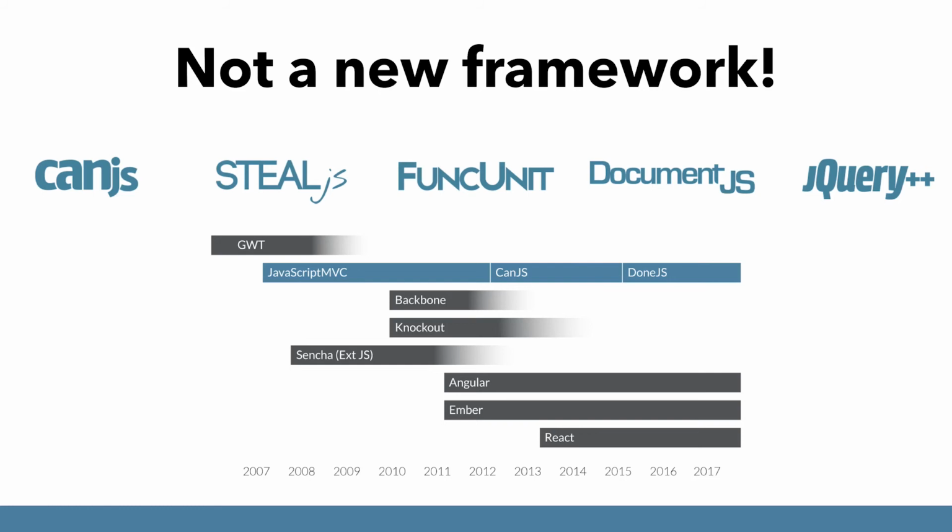We're a consulting company, and we've been making these tools for as long as the company has been around. And we've worked with a lot of large clients on some of the largest websites in the world. And what is in Done.js is all of the features, all of the things that make it possible for us to build these world-class applications. Everything that we've done for the quote-unquote big dogs.